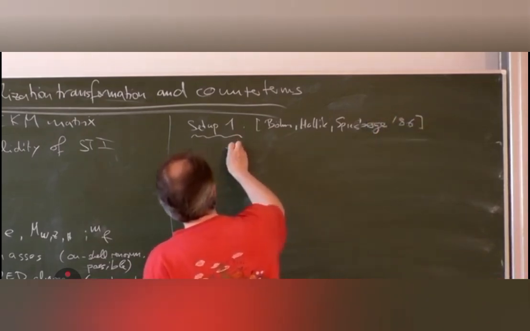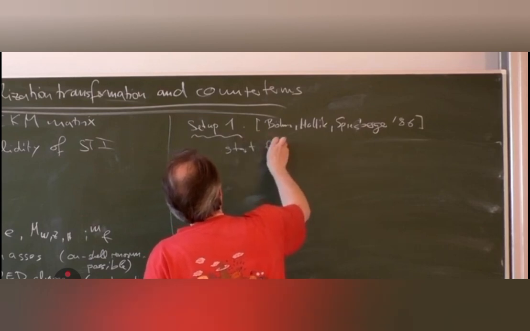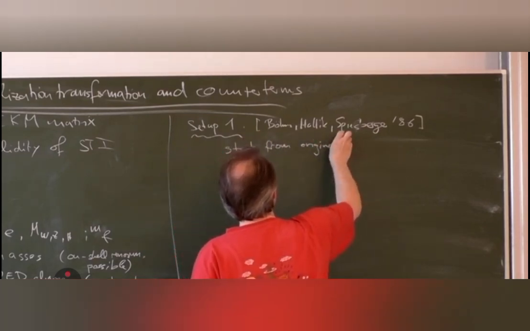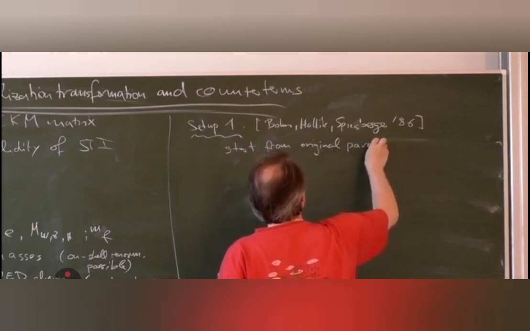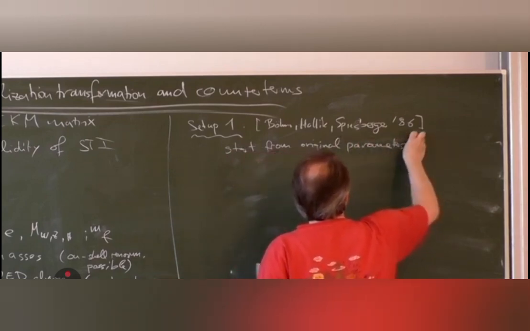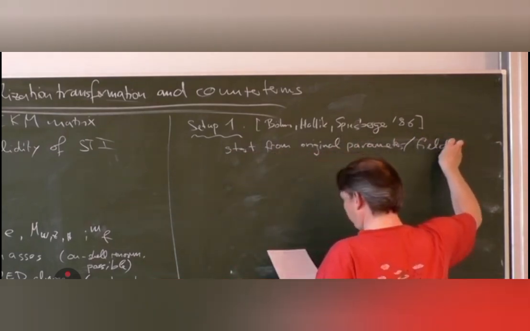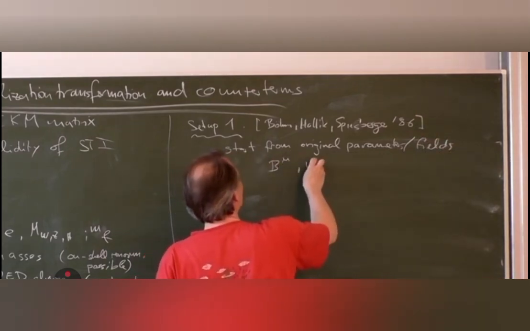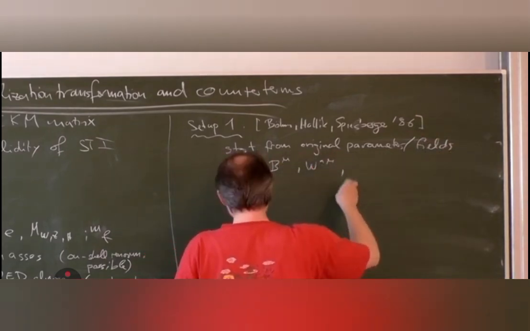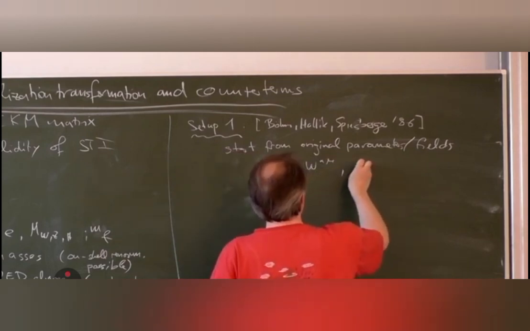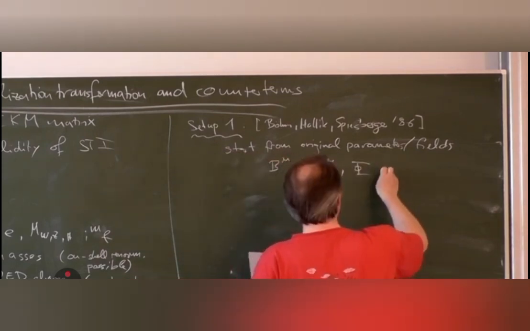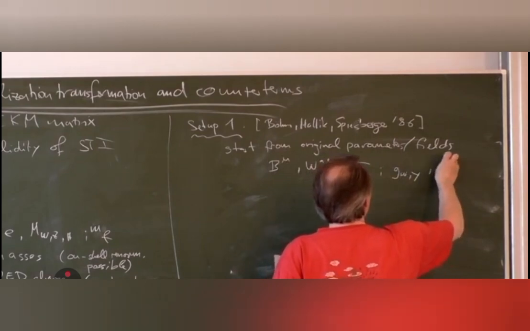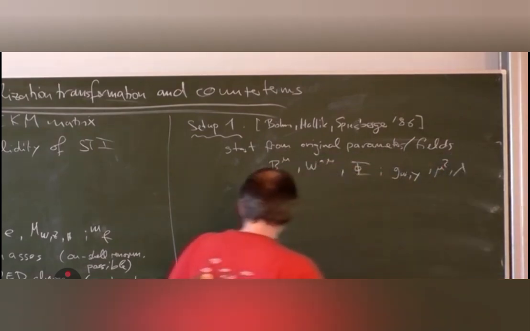They start from the original parameters and fields. So the fields in particular B mu, W, A mu, and the Higgs doublet phi, and the parameters gauge couplings and Higgs potential parameters. This is what they begin with.